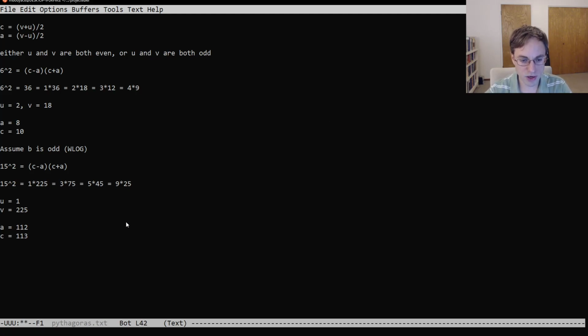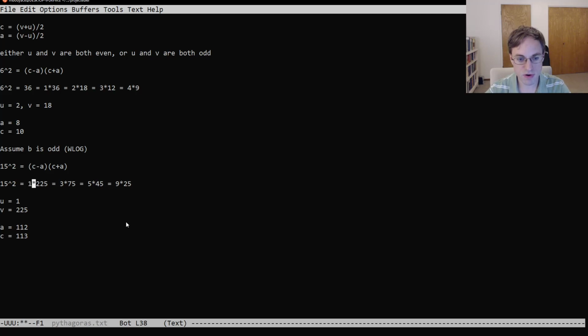So then we might go through and look at the rest of these and see which of them correspond to Pythagorean triples. And what you'll find is that this last one here does, and these middle two do as well, but not primitive Pythagorean triples. And from looking at this, you'll notice that for each of these two, the 3 times 75 and 5 times 45, the two factors have a common divisor.